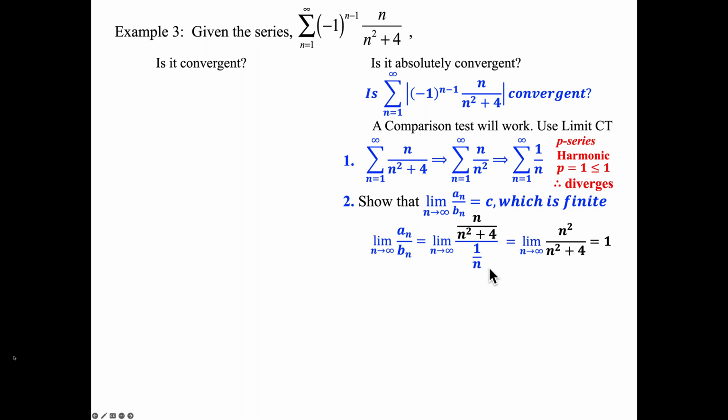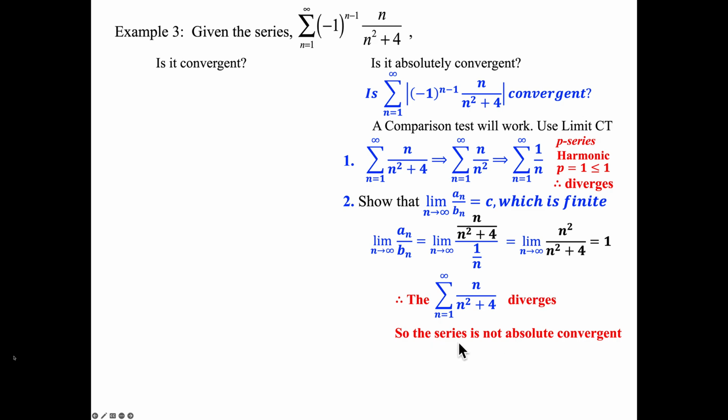We're going to multiply by its reciprocal to get n squared over n squared plus 4. And again, using your horizontal asymptote rule if you wish, if the top leading power is the same as the bottom leading power, then the leading coefficient ratio 1 over 1 is your limit. So this is true. It is a positive. It's finite. It justifies that this series diverges.